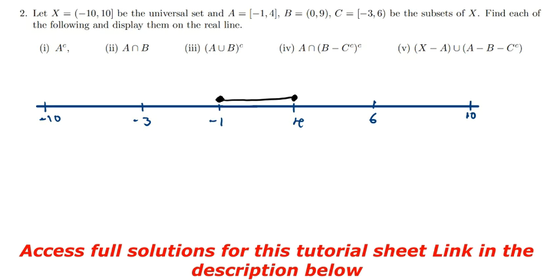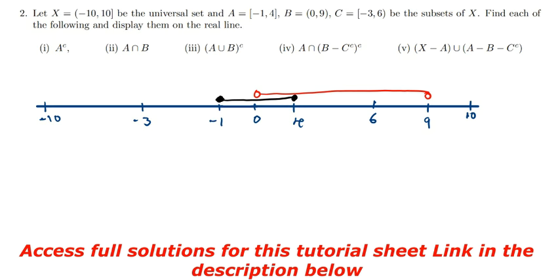We also have 9, so let's say we have 9 there. Okay, so B is starting from 0, 0 not included, so open at 0 all the way to 9 not included, so this is going to be B.